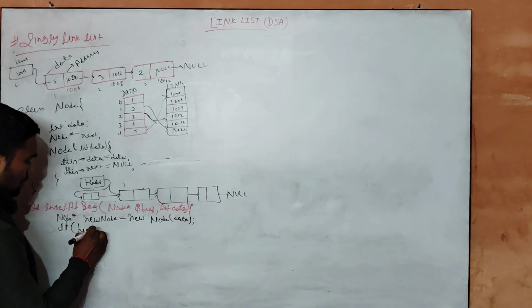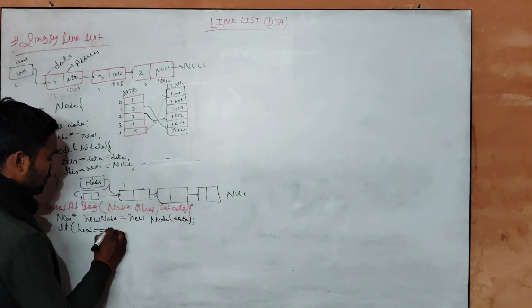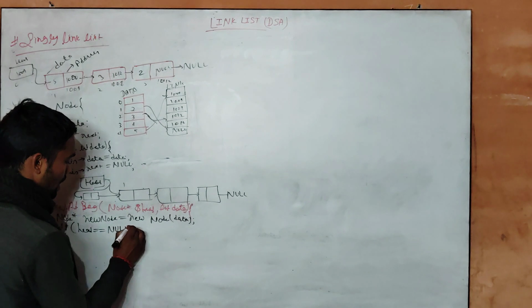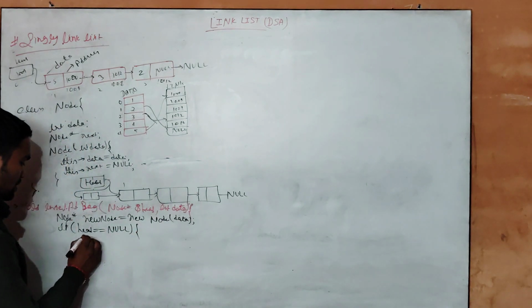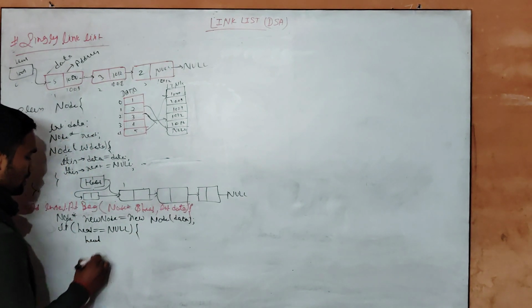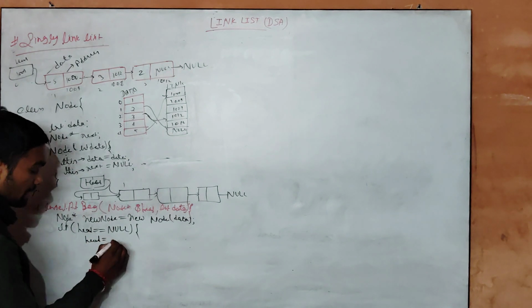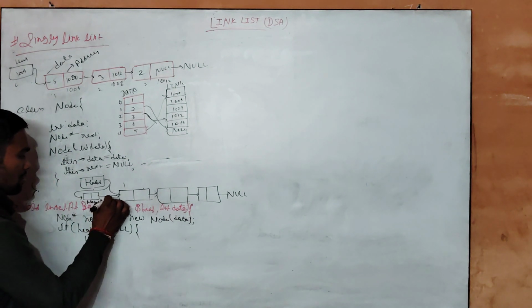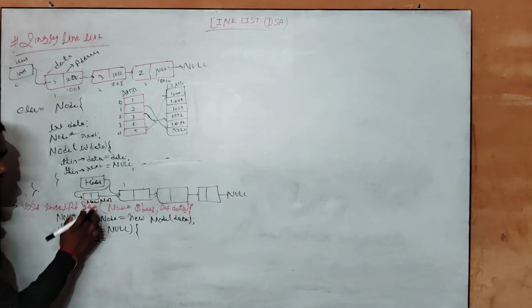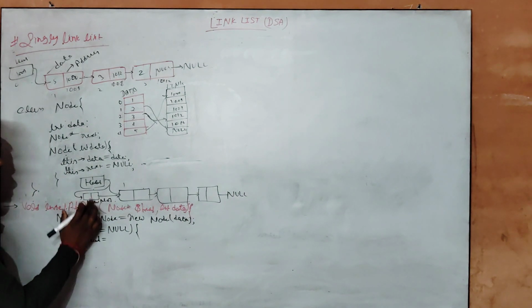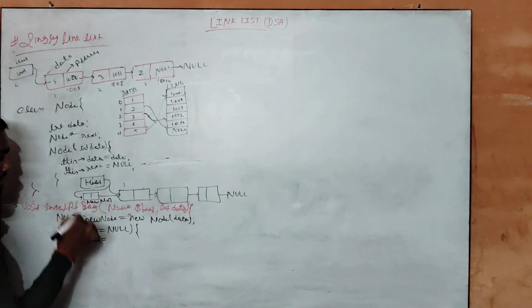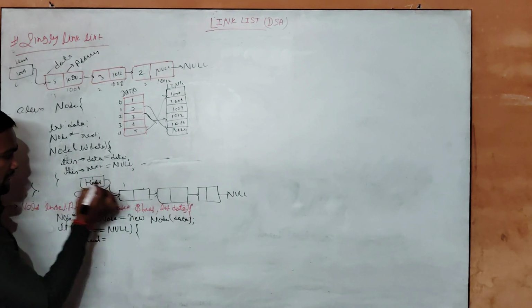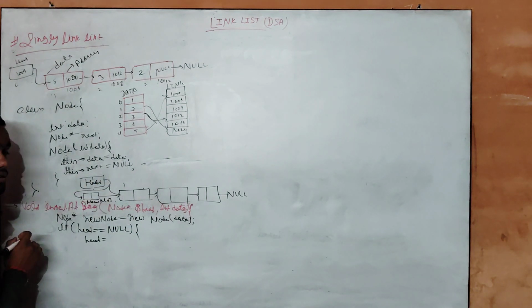If head is equal to null, then head is equal to new node. It is our new node, which I am creating here. This is our new node. Here head value, here head connected here.